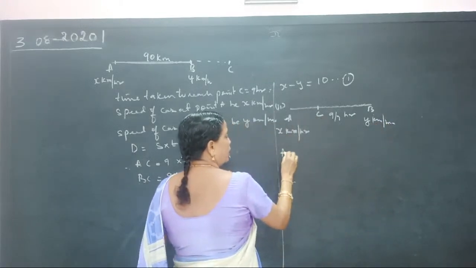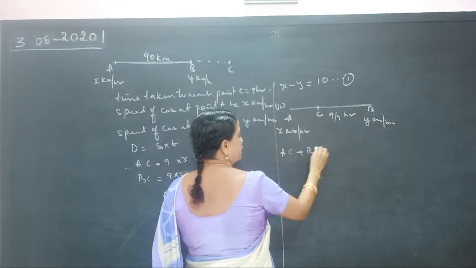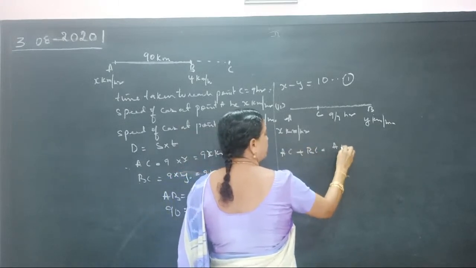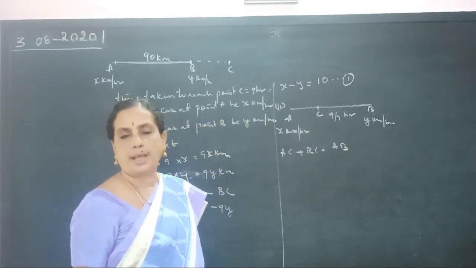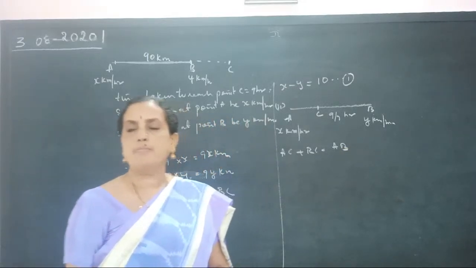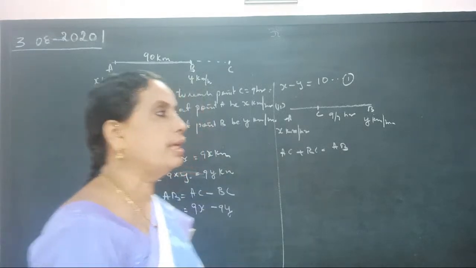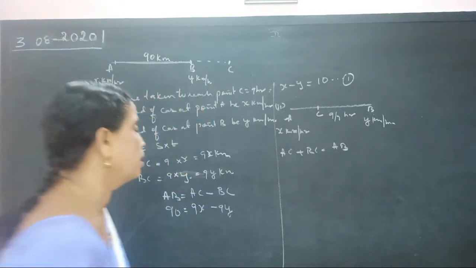So AC plus BC equals AB. The time taken to reach point C is 9 by 7 hours.